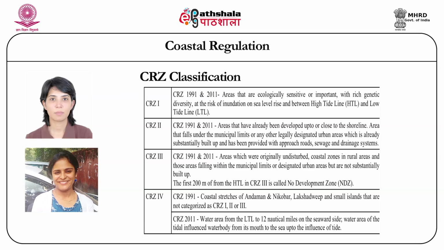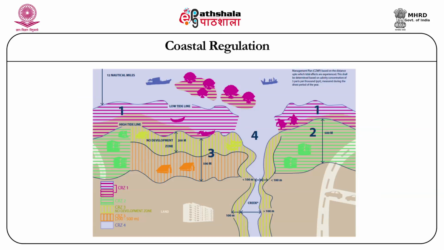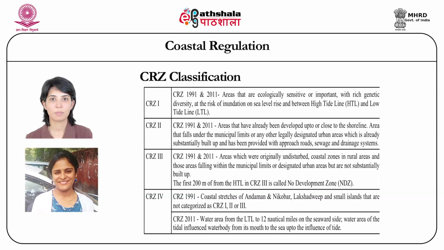CRZ2 areas are those areas that are developed up to or close to the shoreline and fall within the limits of the concerned municipality. The illustration shows these areas as filled with green horizontal lines. Areas that are relatively undisturbed and not as developed as the CRZ2 areas have been classified as CRZ3 areas.